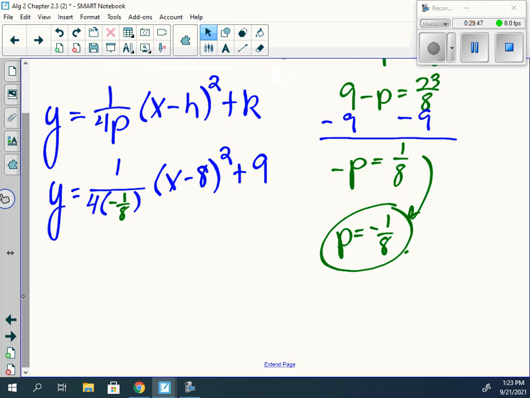Okay. We're going to have to simplify that a little bit. Because will 4 times negative 1/8 give me a whole number? No, we're going to get a fraction, yes? We cannot leave a fraction inside of a fraction. We have to simplify it.